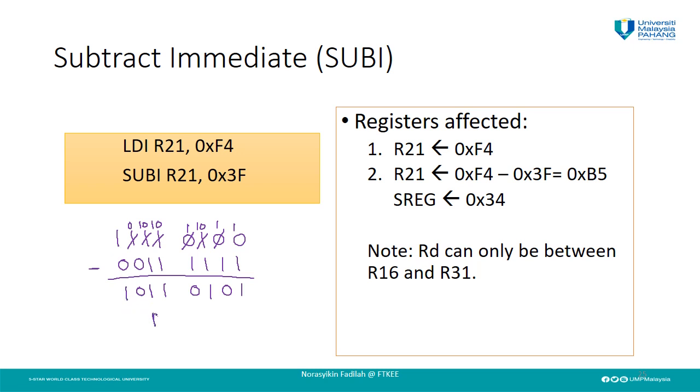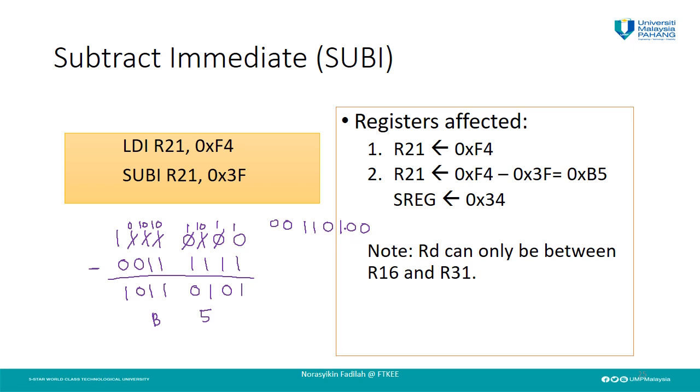So we have B5, and then the status register, which is 0 0 1 1 0 1 0 0.